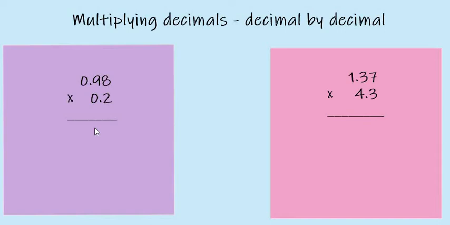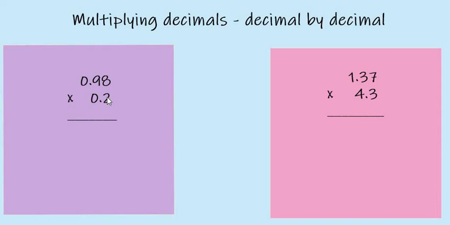Let us just write our multipliers and our multiplicands as we would have written them regularly if we were multiplying whole numbers. All right. So here, the decimal points are not aligned underneath each other, and the numbers in the tenths place are not aligned, and so on and so forth.